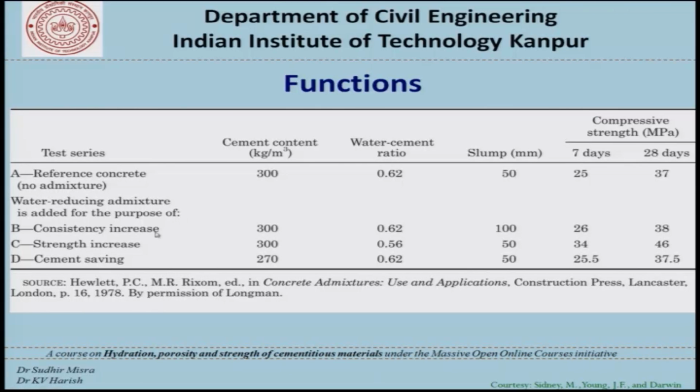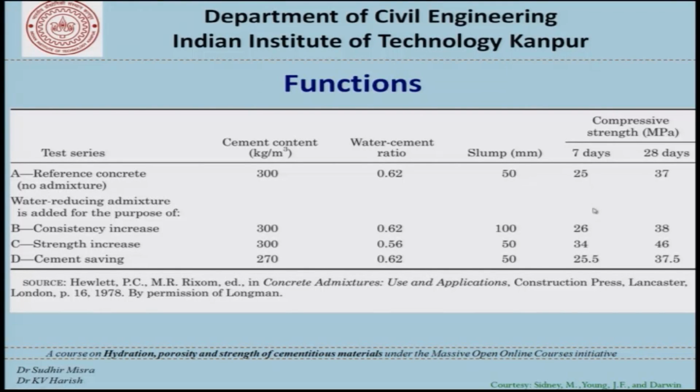Now in the first case, when we are using water reducing admixture and we want a consistency increase, then we have to use the same cement content, which is 300 kg per meter cube, and the same water to cement ratio, except that we will be adding water reducing admixture to the mixture, and in that case you get a higher slump compared to the reference mixture.